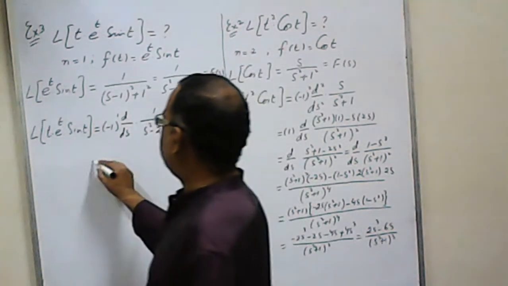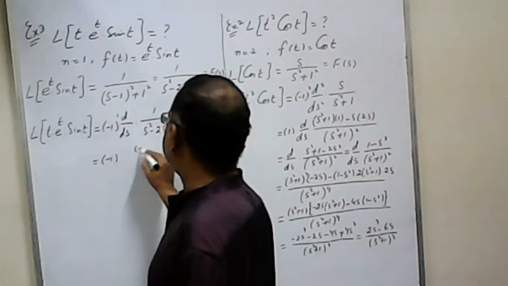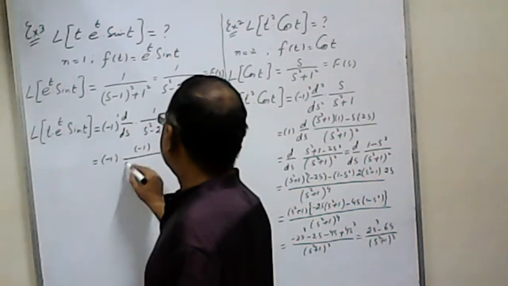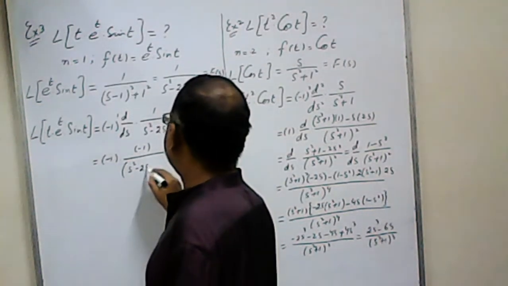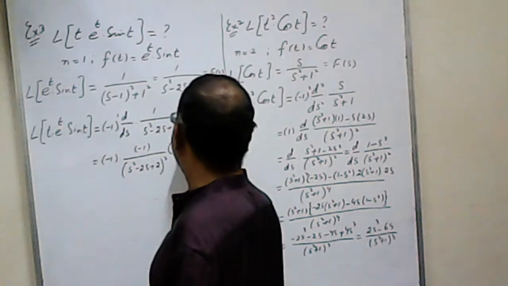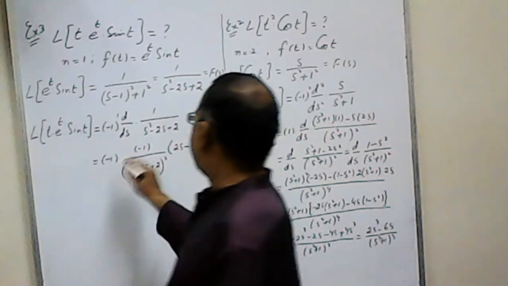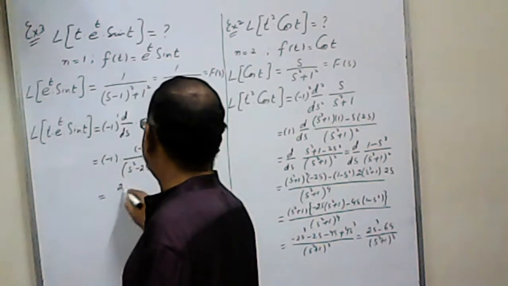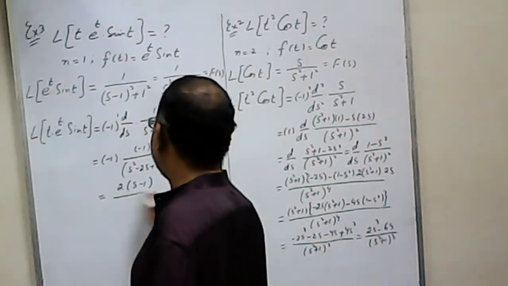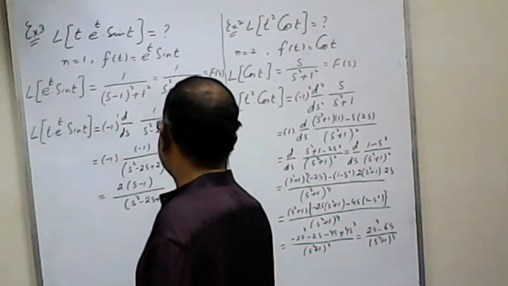So minus 1 power 1 is minus 1 and the first derivative of this is minus 1 over (s square minus 2s plus 2) whole square, times 2s minus 2. So minus minus plus, it will become (2s minus 2) divided by (s square minus 2s plus 2) whole square.